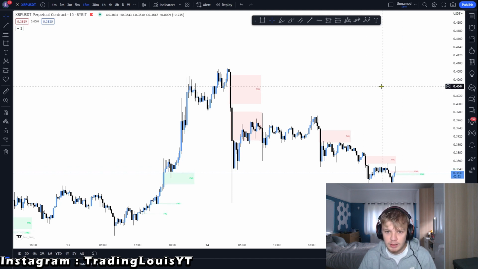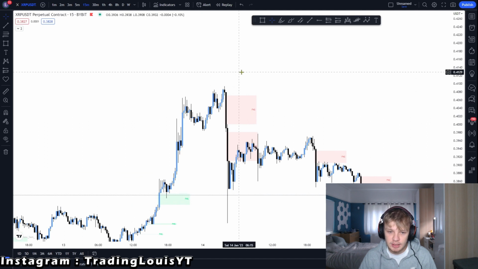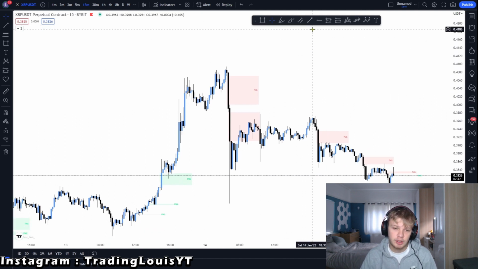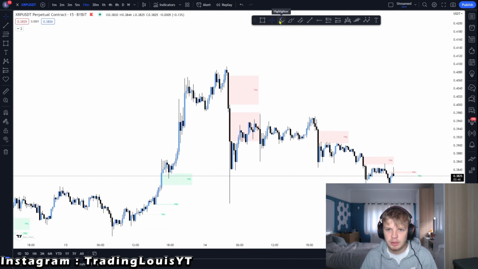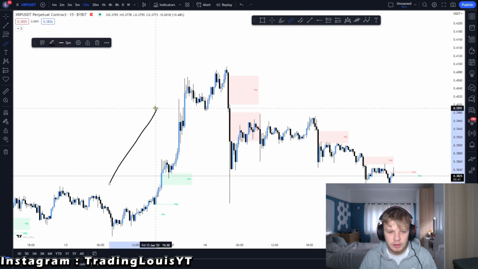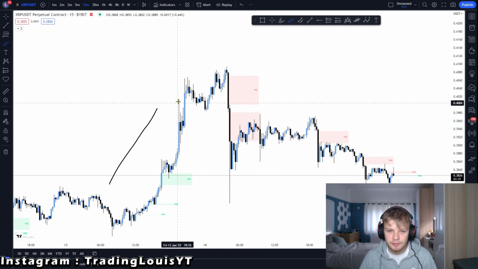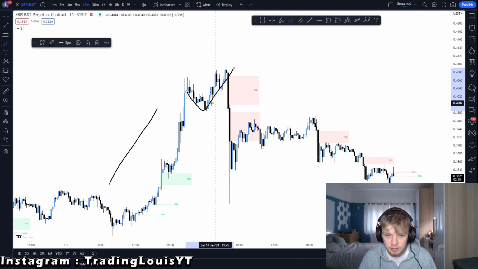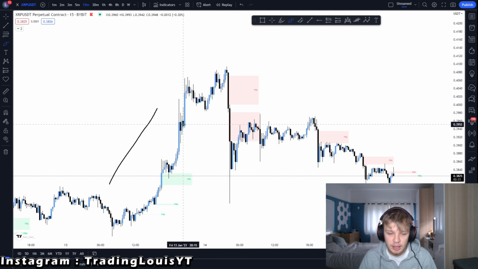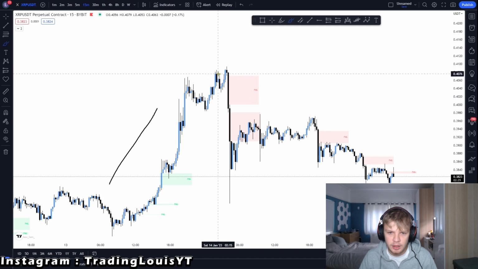So all the trading strategy is, you have a move to the upside or to the downside. Here I'm going to be using a move to the upside. If we look right here, we have this move to the upside, then we have almost like a V pattern that forms. So we have a higher low, a higher high, another higher high.